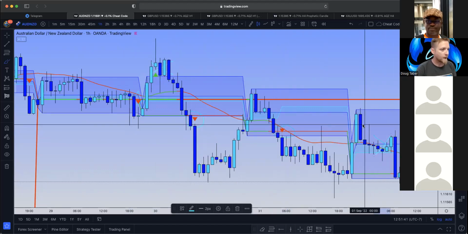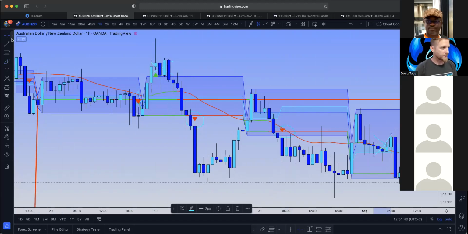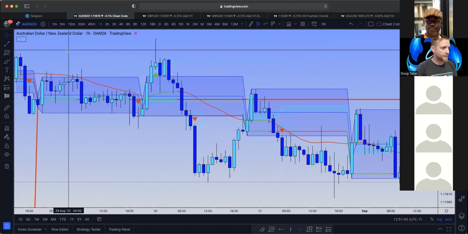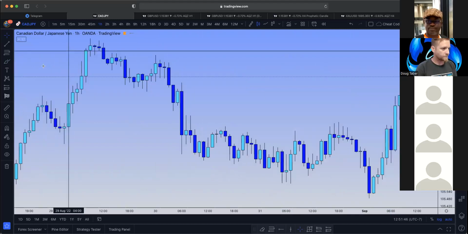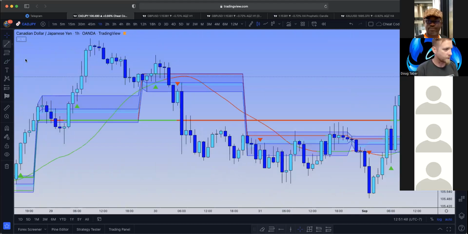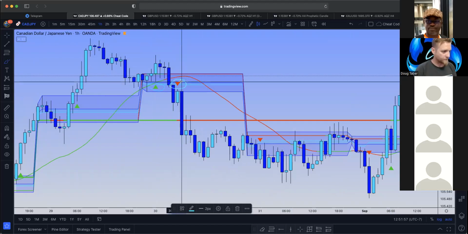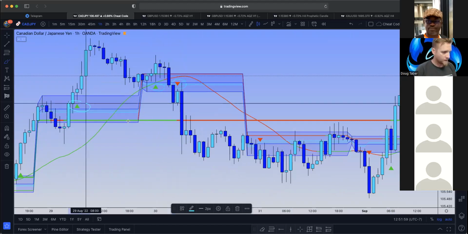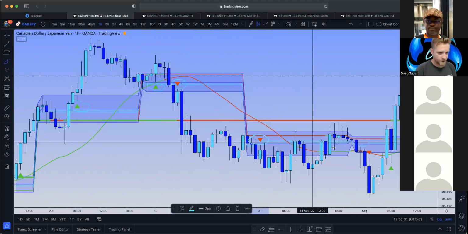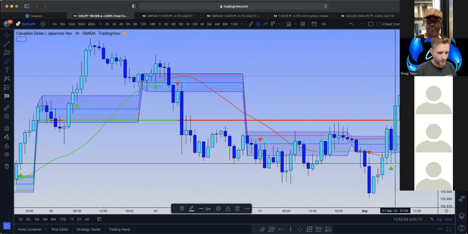So I'm looking forward to the markets starting to trend again next month. The signals on this indicator work very, very well when the markets decide to start trending again. Caught a little buy here, little sell, buy, sell, buy.